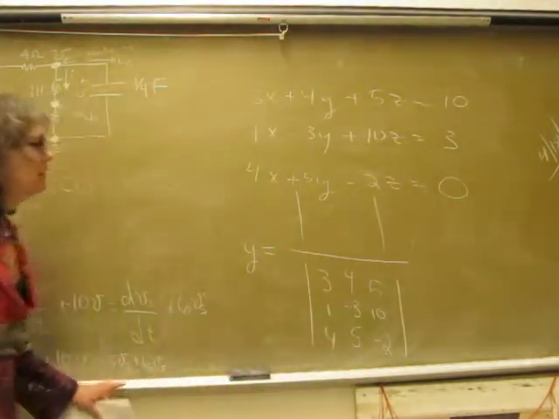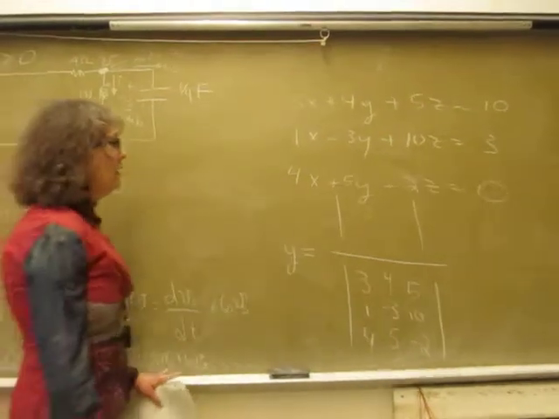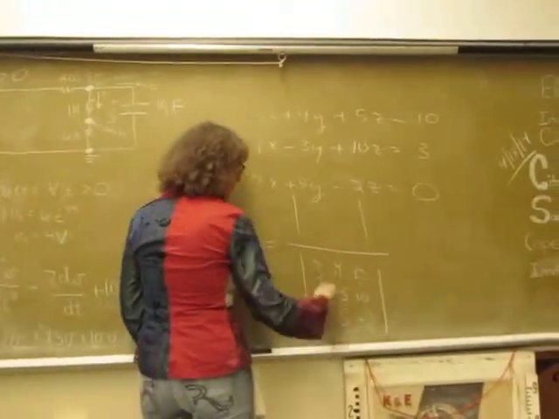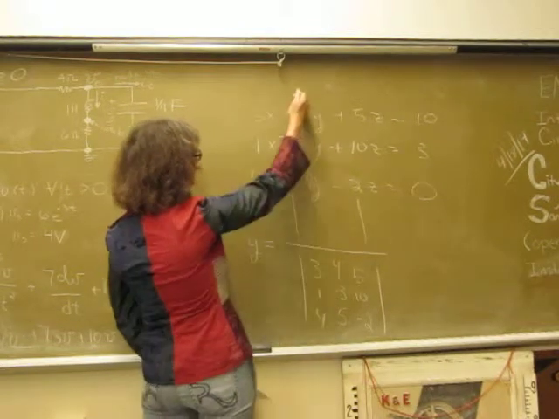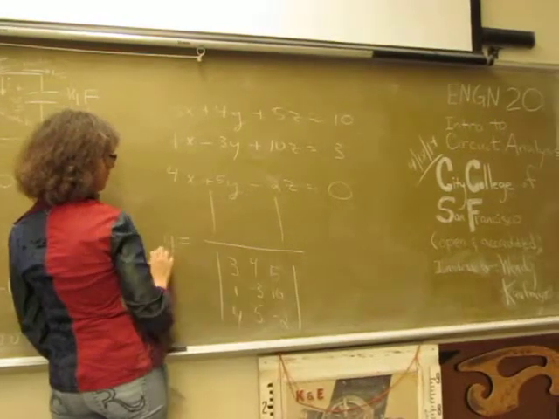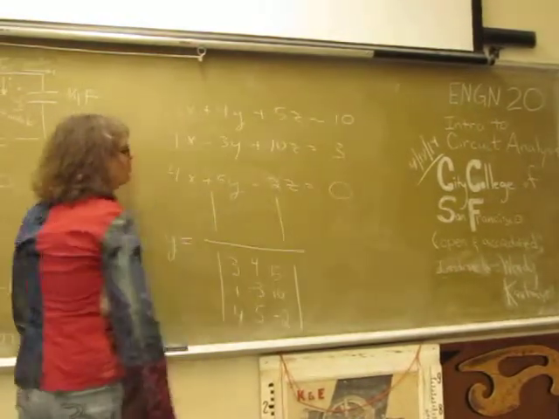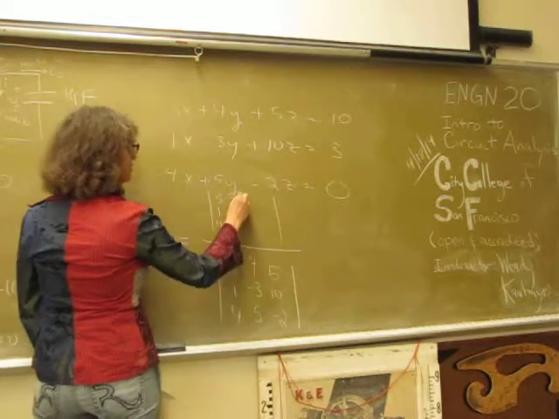There's the determinant in the denominator. The determinant in the numerator is almost going to be the same, but the difference is that you're going to replace the column of the variable that you're looking for, so that's this middle column here because I'm looking for y, with what you have on the other side. So this one is going to look like this.